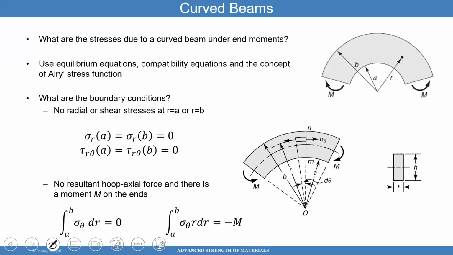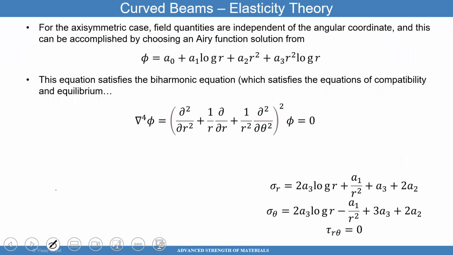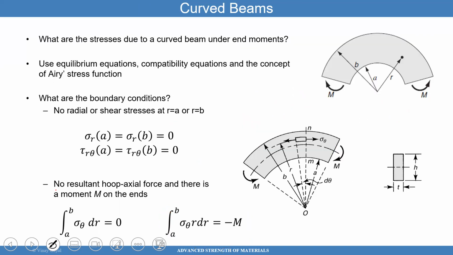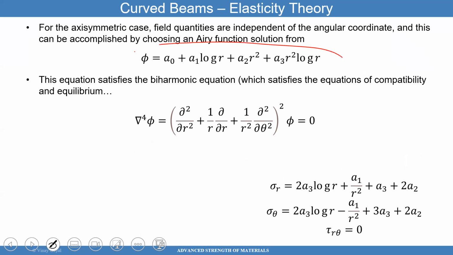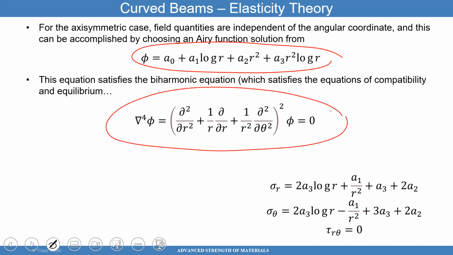I have the moment and the axial force defined. So the question becomes how you solve this problem. Well, somebody spent time figuring out what Airy stress function best solves this problem. We already covered what the Airy stress function is for a different problem, but for this problem, the Airy stress function is this one. And somebody worked it out and showed that the biharmonic equation is fully satisfied.